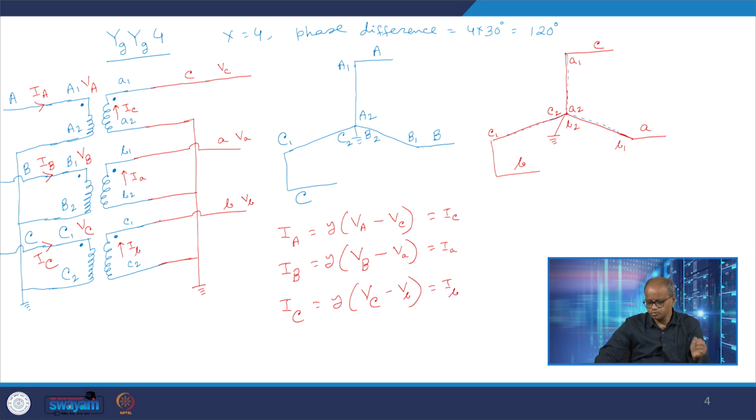So from these equations, let us again write down. IA is y into V capital A minus V small c.